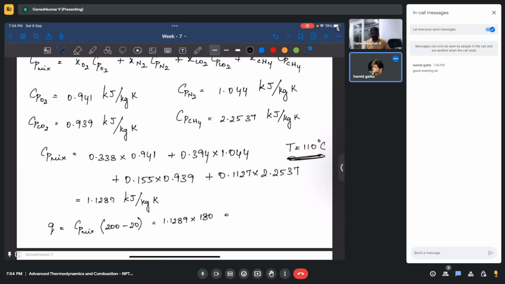But it's a difference, right? You can take it in Kelvin or degrees Celsius, it's going to remain the same. So it's 200 degrees Celsius minus 20 degrees Celsius, it's a delta T we are talking about. In Kelvin also it will again give you 180 only, right? 273. Right.